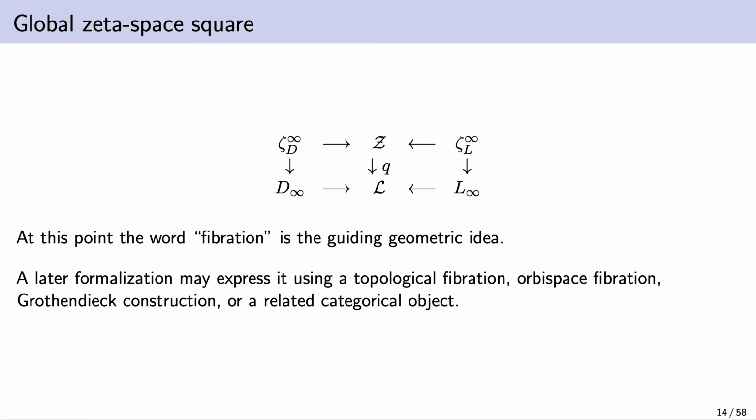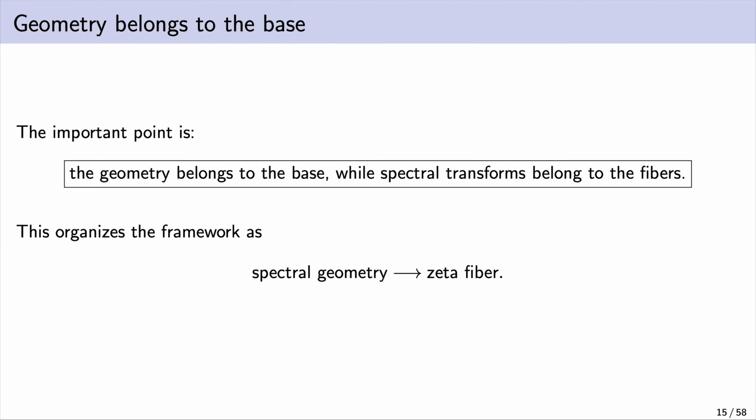The main thing to see is that this diagram gives a big picture of what's going on here. One important point is the geometry belongs to the base, while spectral transforms belong to the fibers.